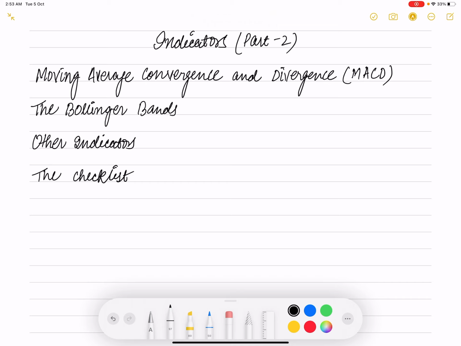However, imagine a situation where the first three checklist conditions are met, but the fourth condition, indicator should confirm, is not satisfied. What do you think I should do? I would still go ahead and buy, but instead of 500 shares, I probably buy 300.